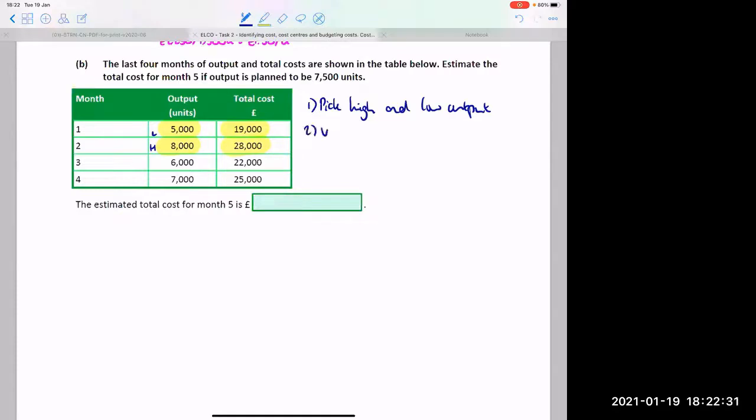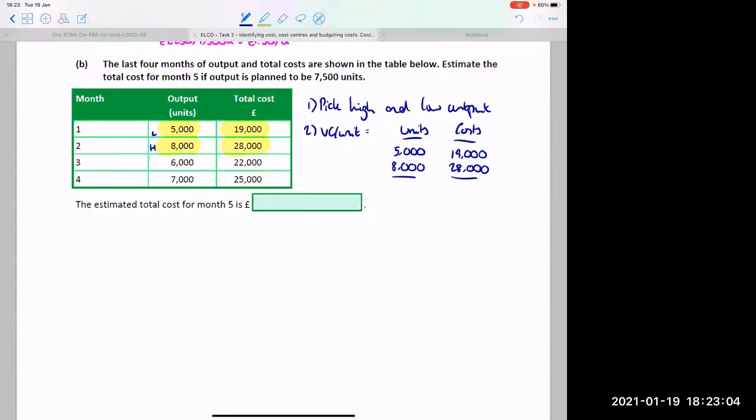Step 2 is then to work out variable cost per unit. And we work this out by doing change in costs divided by change in activity. Or if we want to write it out a bit longer, we can summarize in a table. So 5,000 units, total cost 19,000. At 8,000 units, total cost is 28,000. So we can work out the difference between the two. I'm doing one take away the other. Obviously, I've written them low above high.